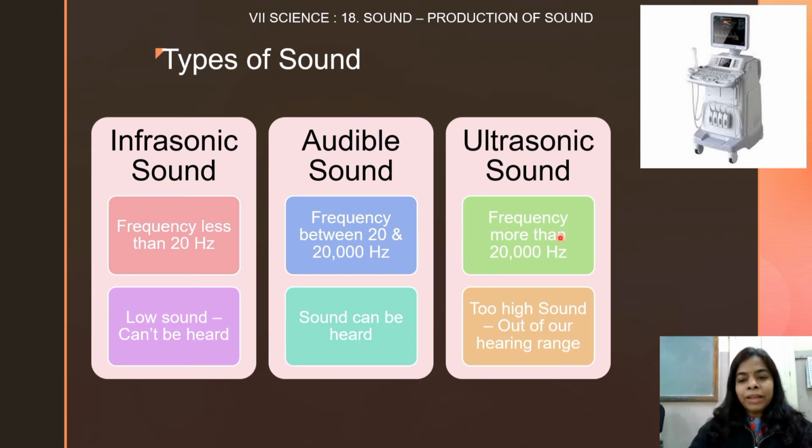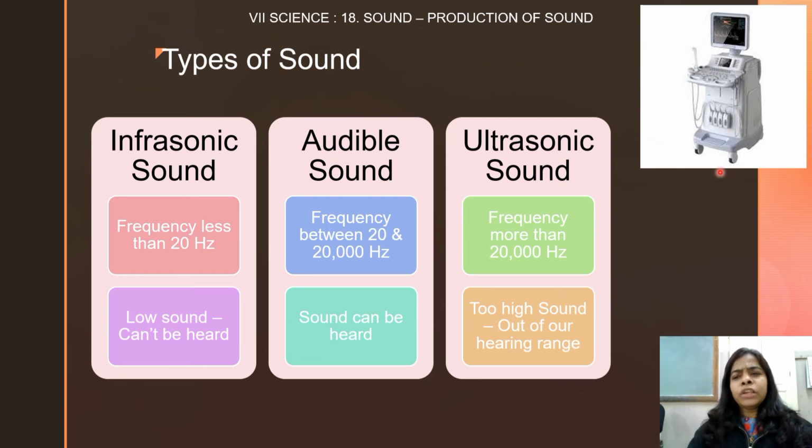Ultrasonic sound, frequency more than 20,000 Hz. If the frequency is too high, then also we will not be able to hear the sound. Too high sound, out of our hearing range. This is ultrasonic sound. This ultrasound machine, children, is normally used to see the pregnant fetus in the sonography.